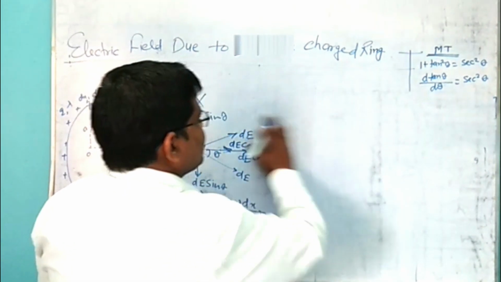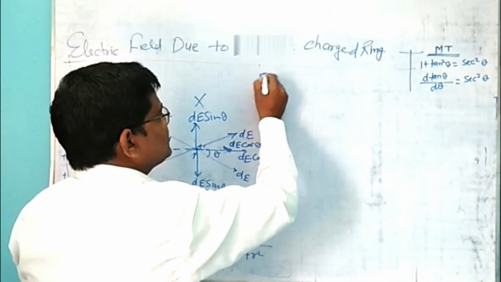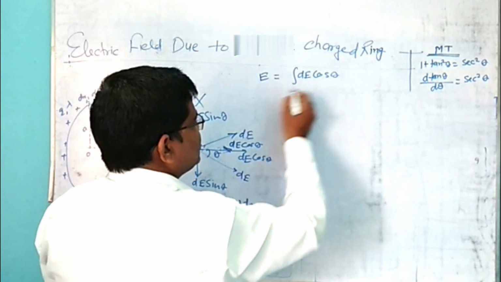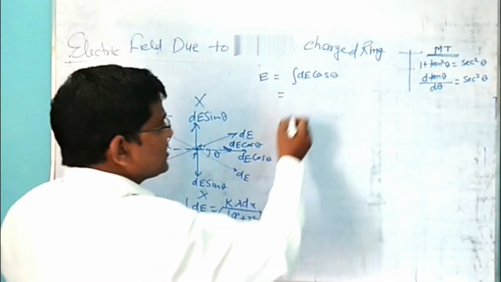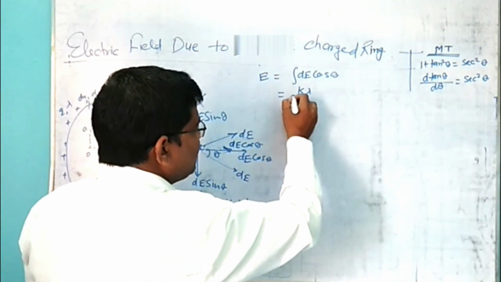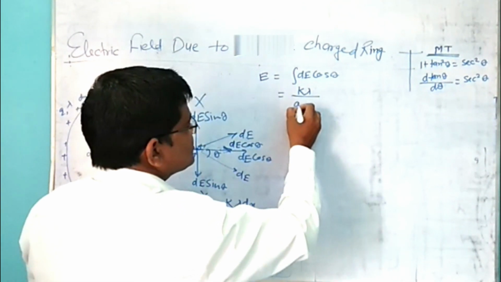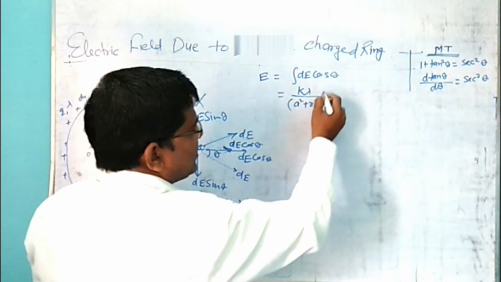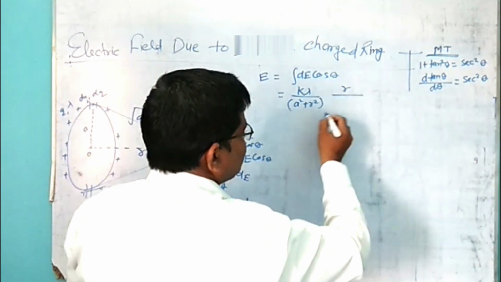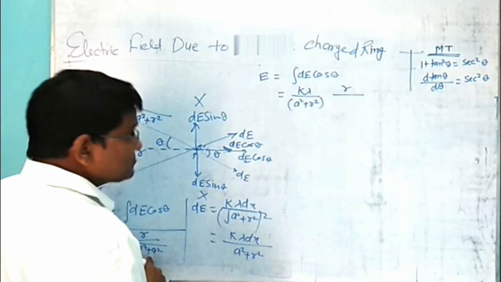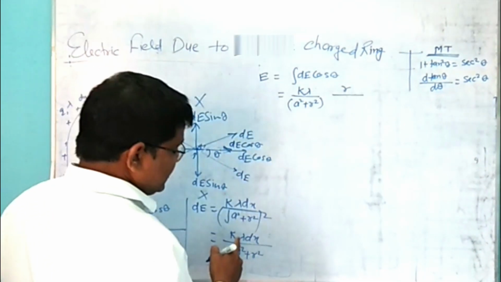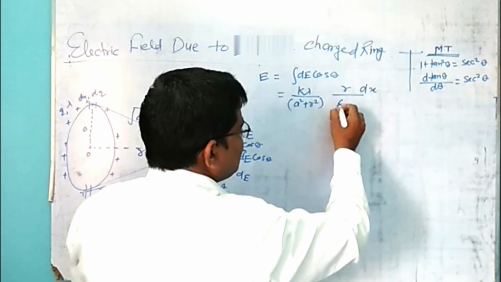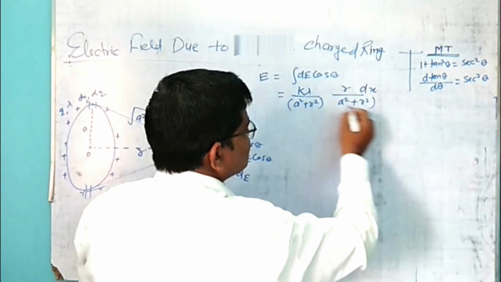Now we will get the net electric field, the integration of dE cos theta, equal to k lambda upon a square plus r square, all are constant, and this one is r by the square root of a square plus r square.